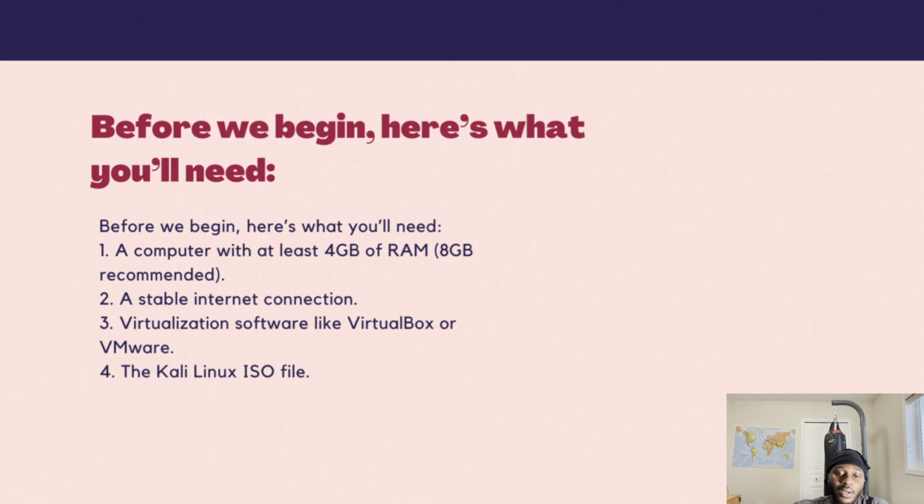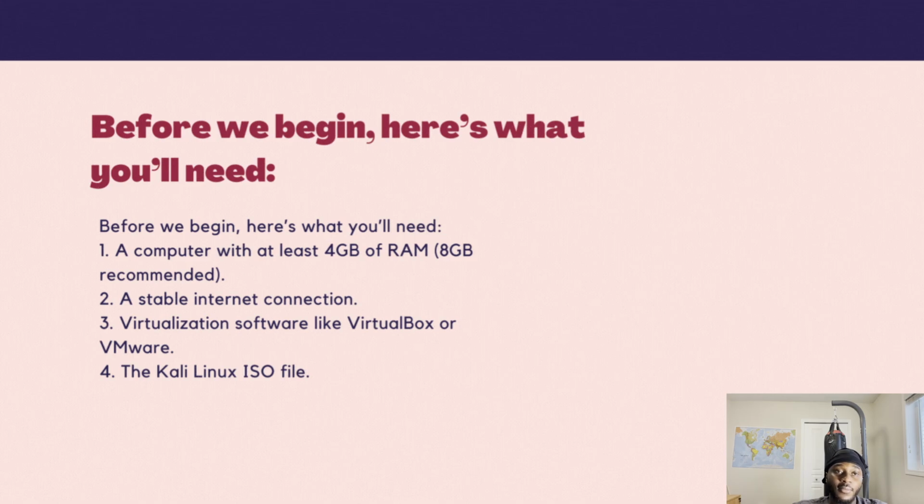So there are a couple requirements you should be aware of before trying to download any of these tools. You need a computer with at least 4 gig RAM. 8 gig is recommended, but for these examples at least 4 gig RAM would be fine. You're not going to get any problem with your system. And a stable internet connection, because you don't want the internet to break out while you're downloading anything.